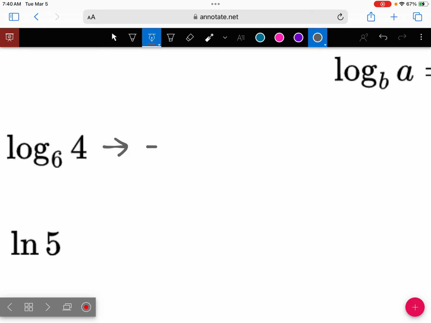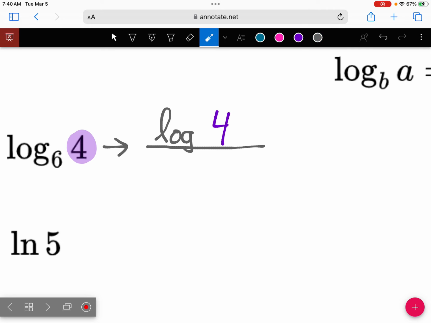This is equivalent to writing a fraction with the common log of my argument for whatever the big number is, that's going to go on the top, over the common log of my base. This guy.